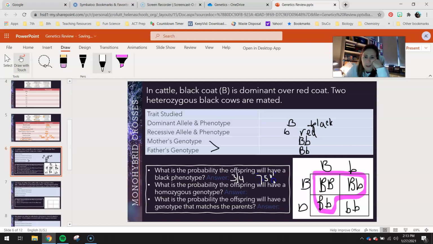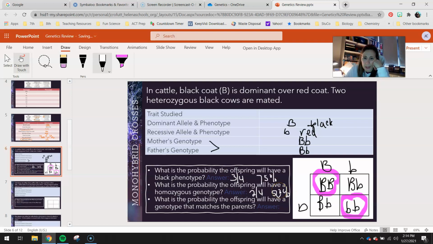What is the probability the offspring will have a homozygous genotype? If we look at that, these ones here are homozygous. It could be homozygous dominant or homozygous recessive. The question isn't specific, so we'll say either or. So that's 2 out of 4, or 50%. Either percentage or fraction works just fine.